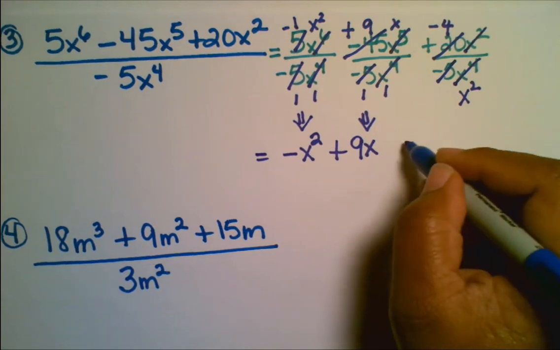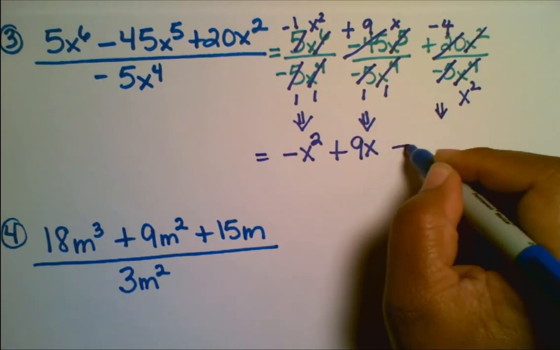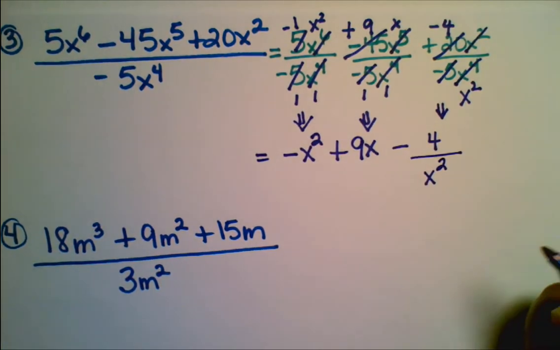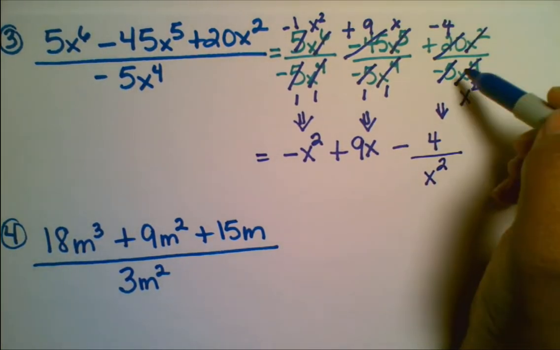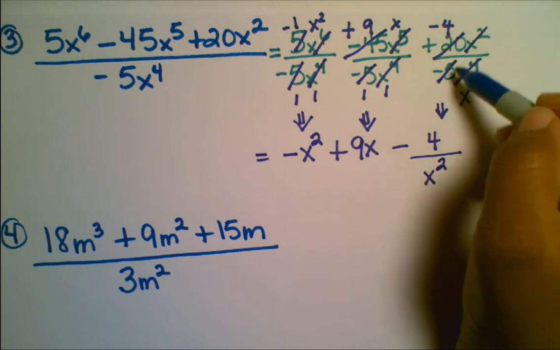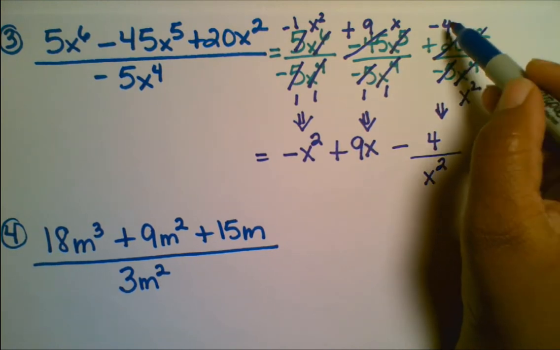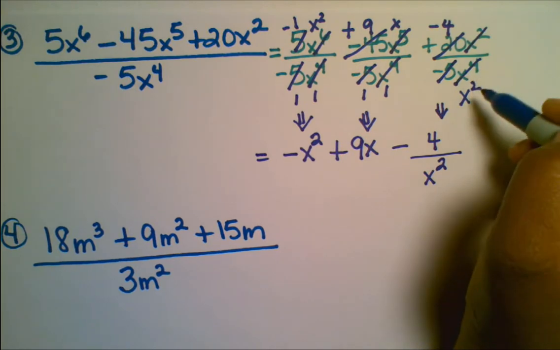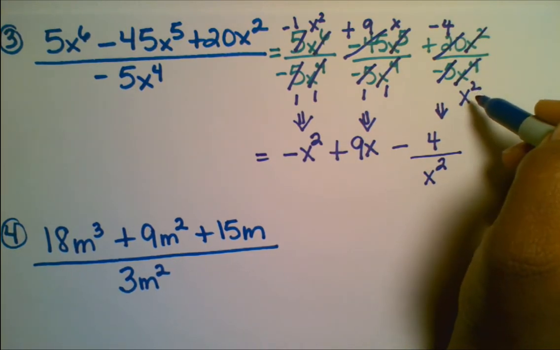So we will have minus 4 all over x squared. The negative 4 goes into the numerator because negative 5 divides into 20 negative 4 times. But this x squared over x to the 4th, the x squared is in the denominator.